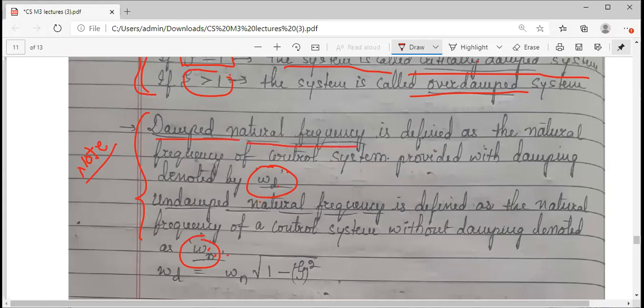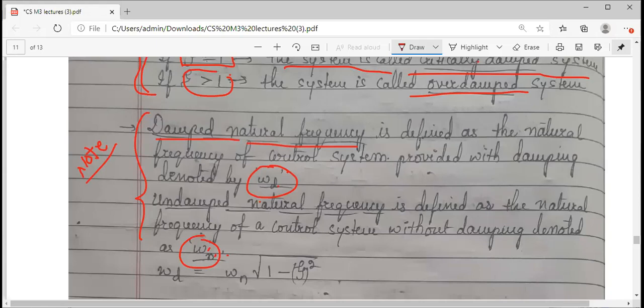Damped means when oscillations start in the system, as time progresses the amplitude of the oscillations or vibrations will keep reducing, right? That is the meaning of damping, and the system will try to attain one final state, that is equilibrium.